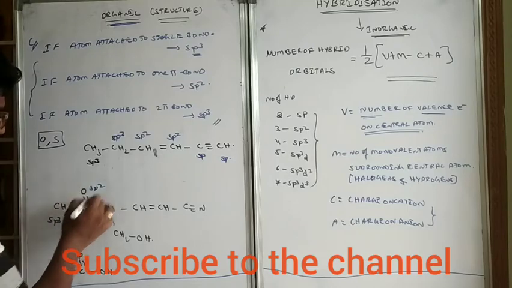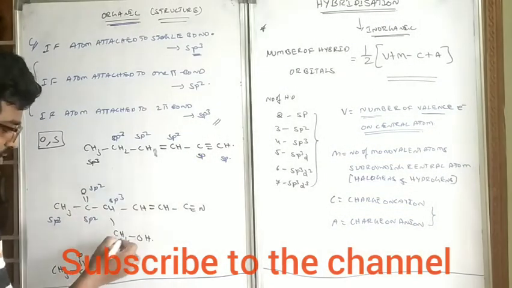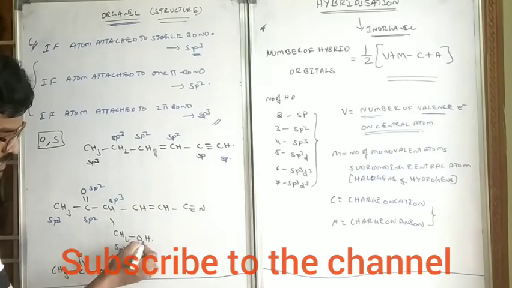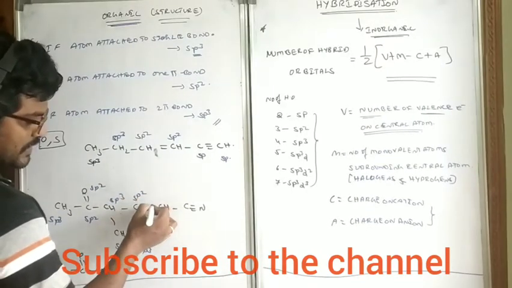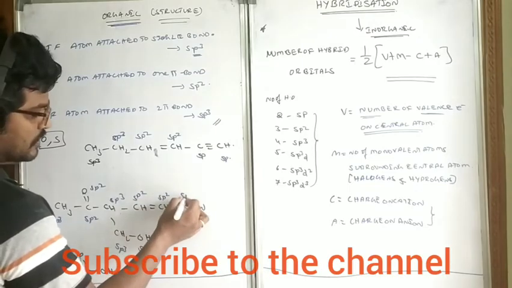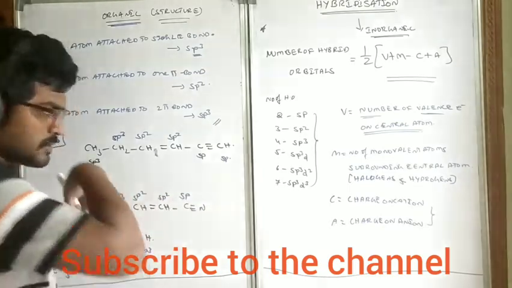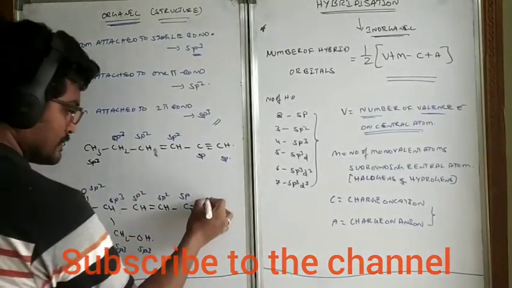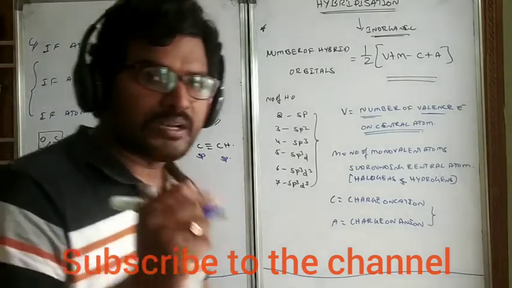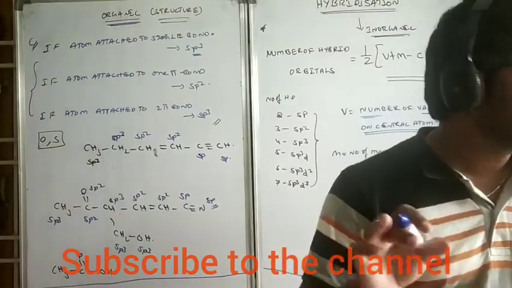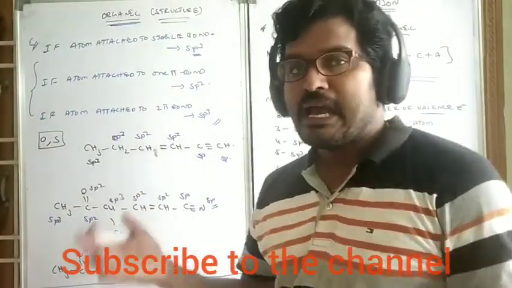Oxygen, 1 pi bond is there, sp2, sp3, sp3. Here only sigma bonds are there, sp3, 1 pi bond is there, sp2, 1 pi bond, sp2, sp will come, nitrogen, sp only. If any atom is attached to 1 pi bond it will be sp2, 2 pi bonds means it will be sp.